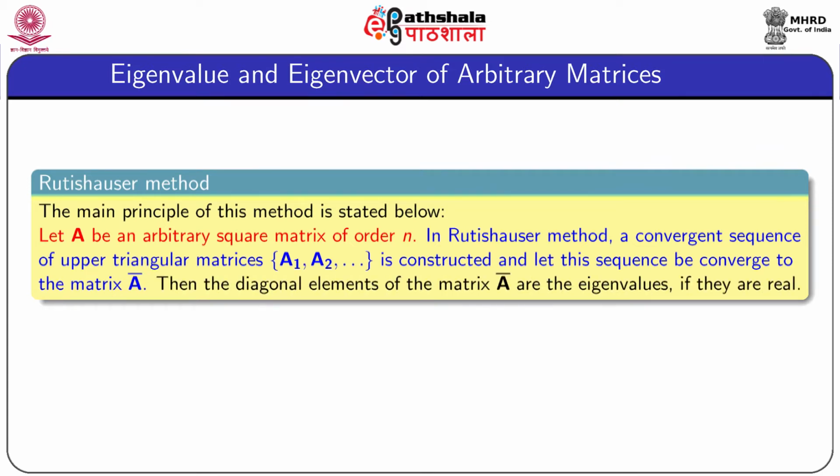Then the diagonal elements of the matrix A bar are the eigenvalues of the matrix A if the eigenvalues are real numbers. So, based on this concept, we describe the Rutishauser method to generate the sequence A1, A2 up to An and so on.